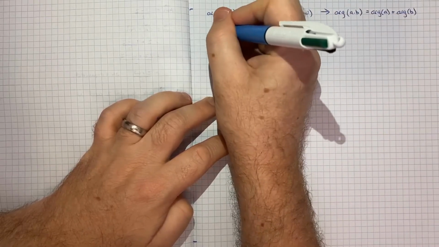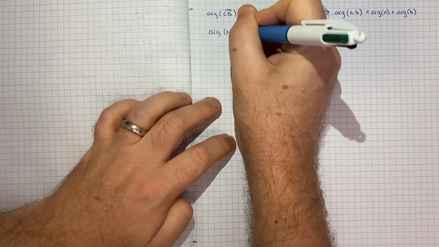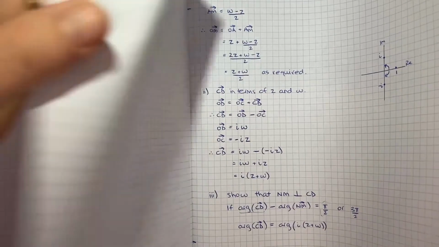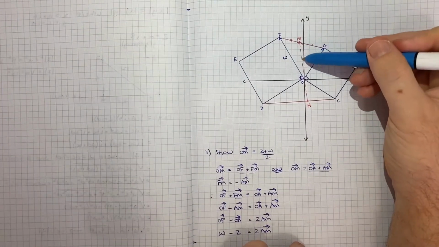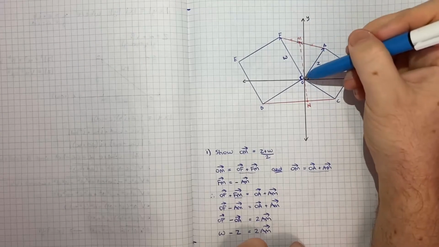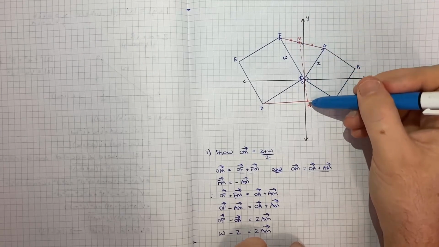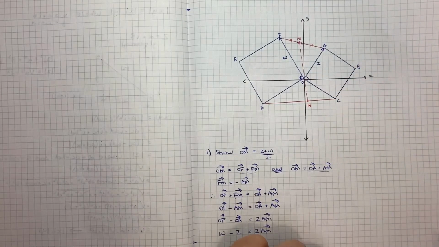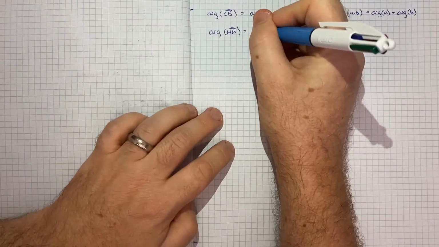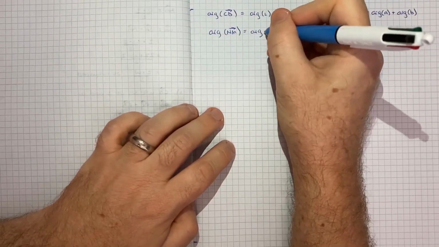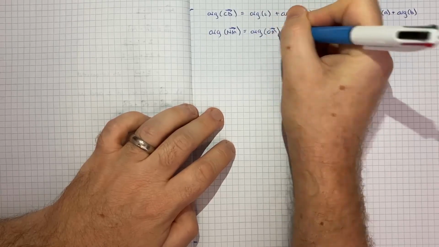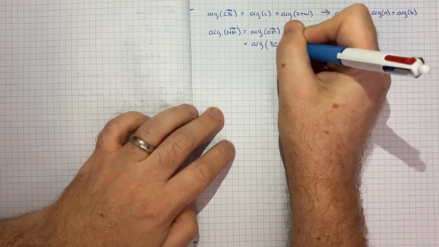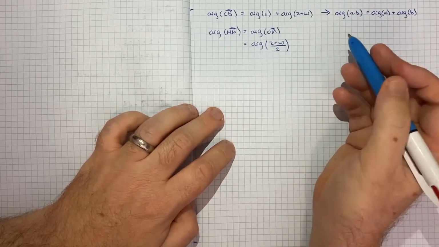Now if we look at the arg of the vector NM, the first thing we can note is that the argument of this whole ray is going to be the same as the argument of OM, because they're on the same ray, so their angle with the horizontal axis will be the same. So we can say that the arg of NM is equal to the arg of the vector OM, and that means that's the arg of (z plus w) on 2, because in part 1 we found that OM is (z plus w) on 2.